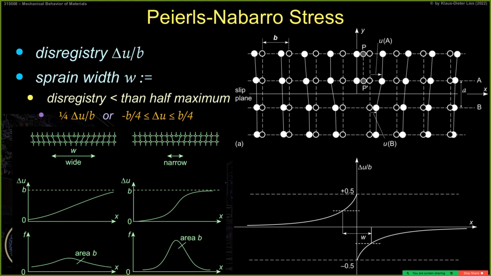Now from this background information, I'd like to come more into some formal considerations of dislocations. So we say dislocation, or in general we say we have a disregistry. That means the displacement. We register the atoms in the original crystal lattice. So here, these open circles, you see, they form a perfect crystal lattice.